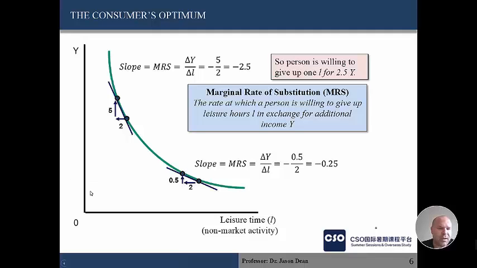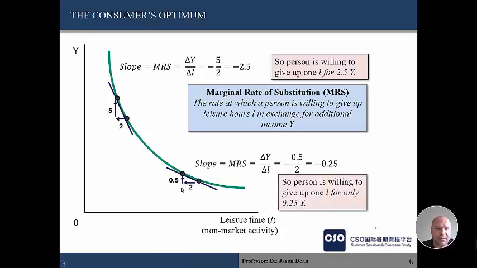Because they have a low level of income, the marginal utility of income would be quite high here. So taking away 2 hours of leisure, you wouldn't have to give them as much income to make them equally happy. Okay, so according to these 2 points, the marginal rate of substitution is negative 0.25.